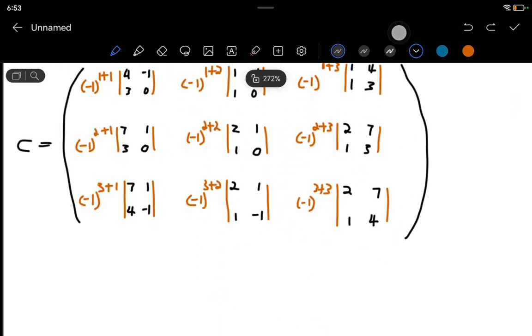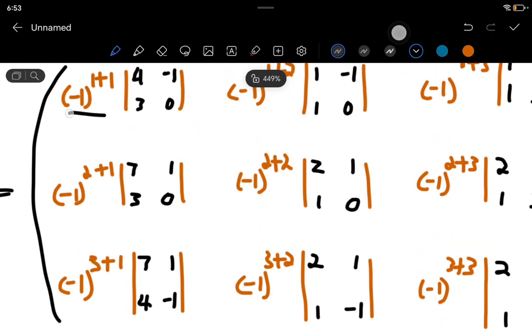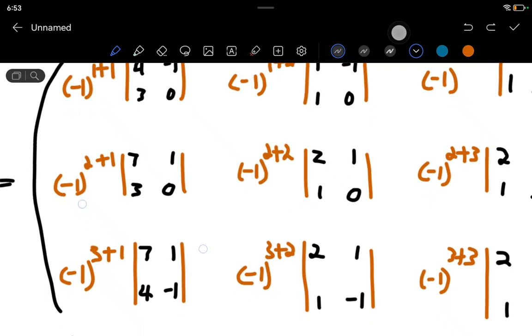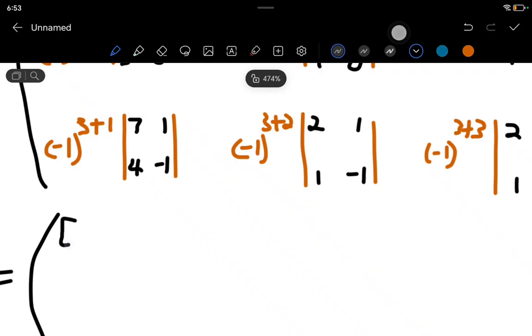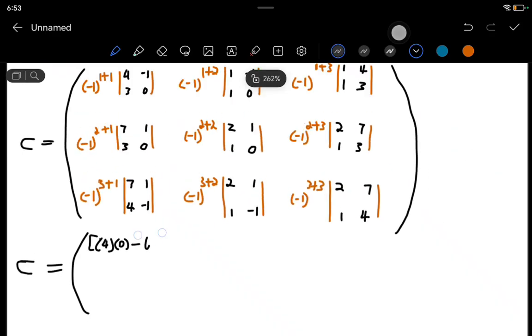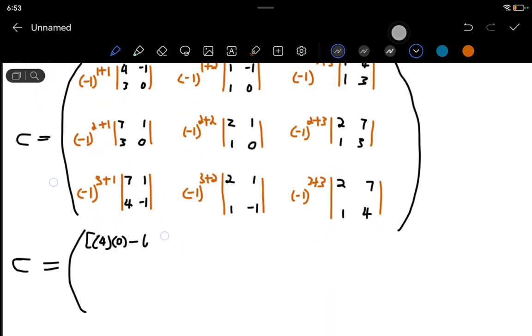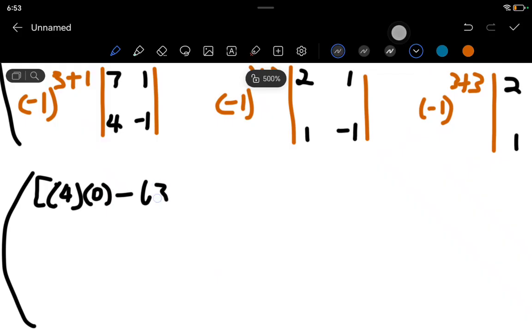So now we can just simplify it. We know that C will be equal to, this will give us positive, minus 1 squared is positive, 4 times 0 minus, finding the determinant of each of these, minus 3 times minus 1.